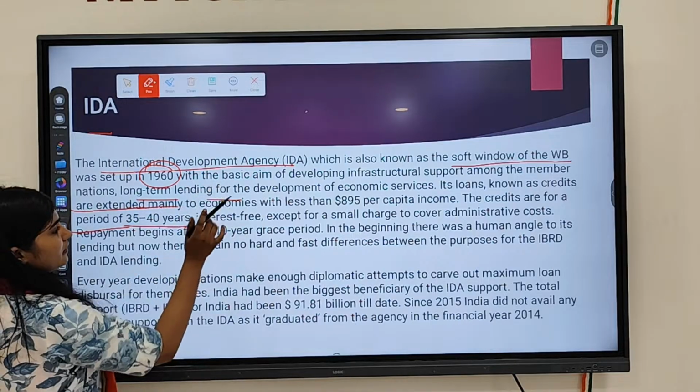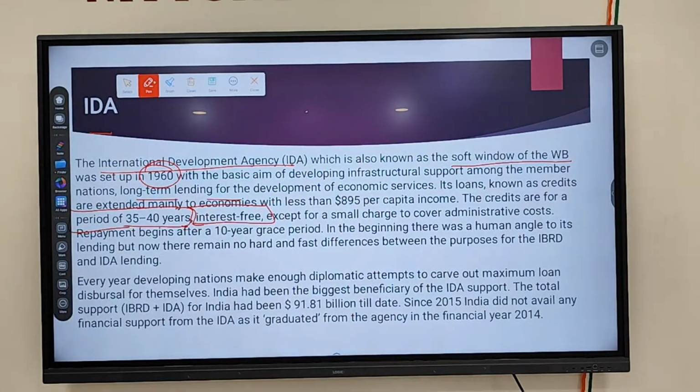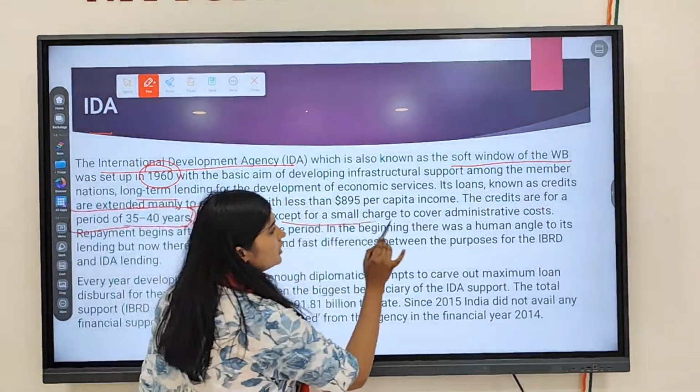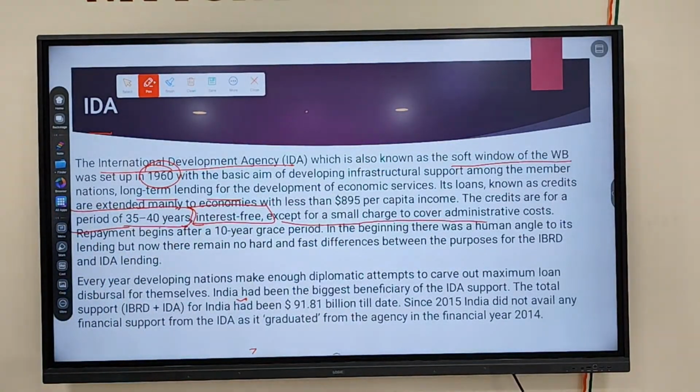But that too at interest-free, very important word. Interest-free, no interest is levied, except for a small charge to cover administrative cost. For administrative cost, whatever the documents, for signing up the documents, for issuing the loan, only that administrative cost will be charged. If you go to a bank, they will issue the loan along with the interest rate, but also they will take additional charges from you.